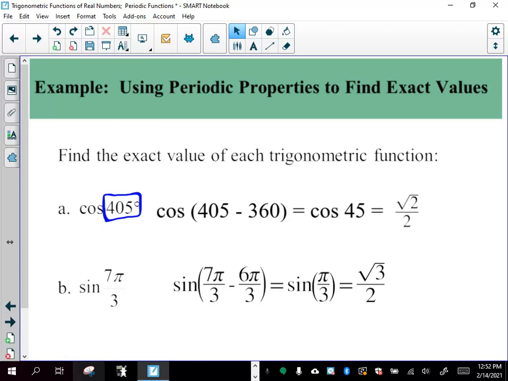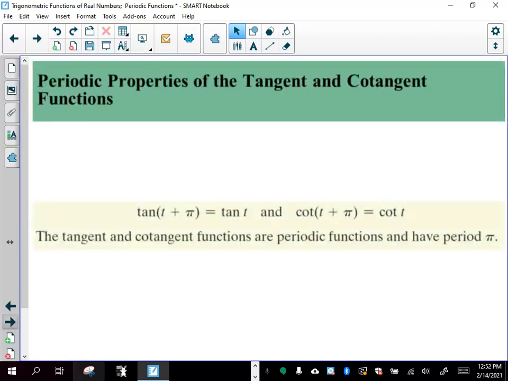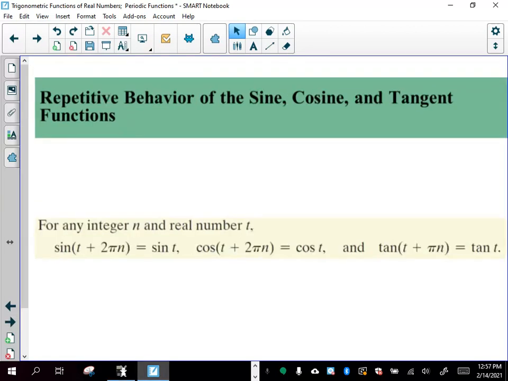Okay. The difference between sine and cosine and tangent and cotangent is that tangent is only on a revolution of pi. So, the repetitive behavior of sine, cosine, and tangent functions: they're going to repeat over and over and over on their specific periods.